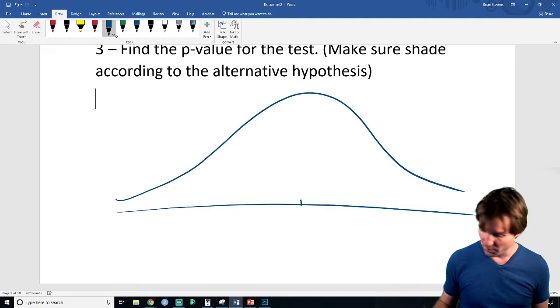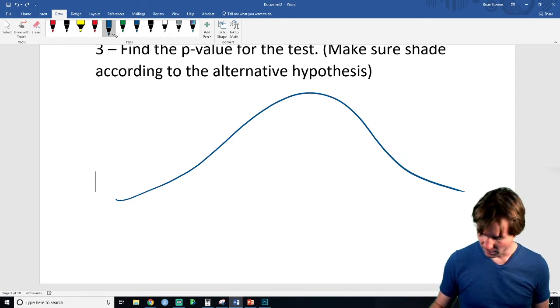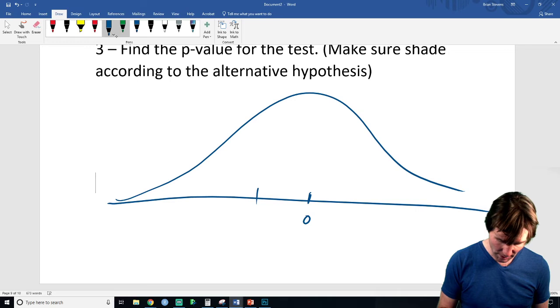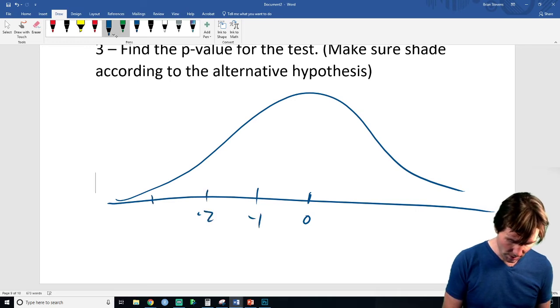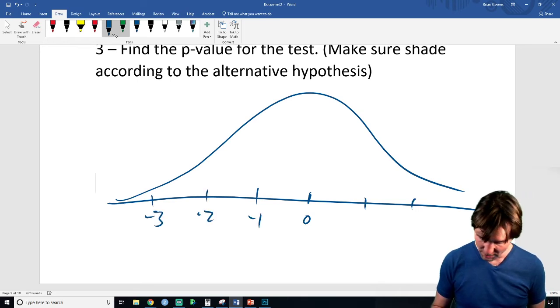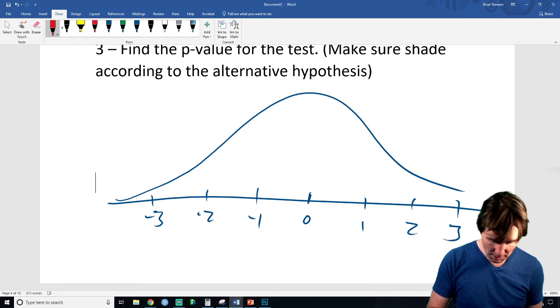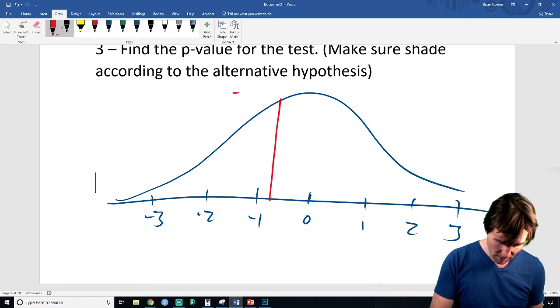Then I go here and I put my number line a little bit better. And then I go here to 0, negative 1, negative 2, negative 3. Go up 1, 2, 3. Then I plot where I landed. I landed at a t-score of negative 0.866.